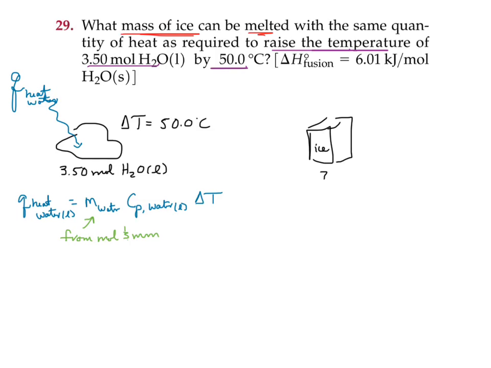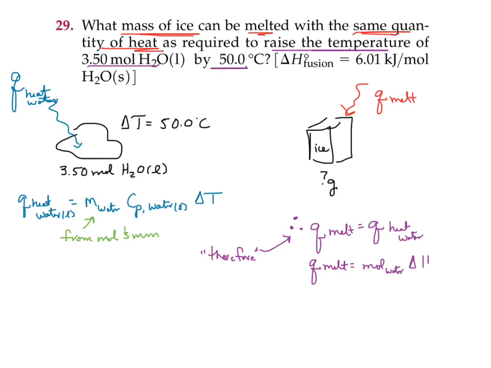But anyway, then it says if you take that energy and instead now you apply it to melting ice, how many grams of ice can you melt? So here's my little hint. Anytime you see, in this class anyway, a triangle, 3 dots, that means therefore.